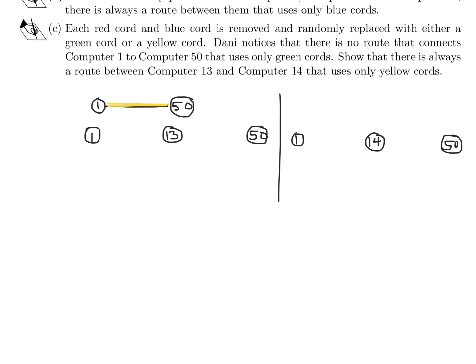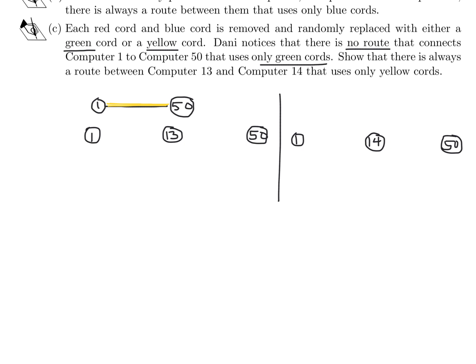And our colors are only green and yellow, right? Green and yellow are our only colors here. So computer 1 to computer 50, there's no route that uses only green chords. So that's got to be yellow there. And similarly, even if you put an intermediary in there, like this 13, there can't be both green.